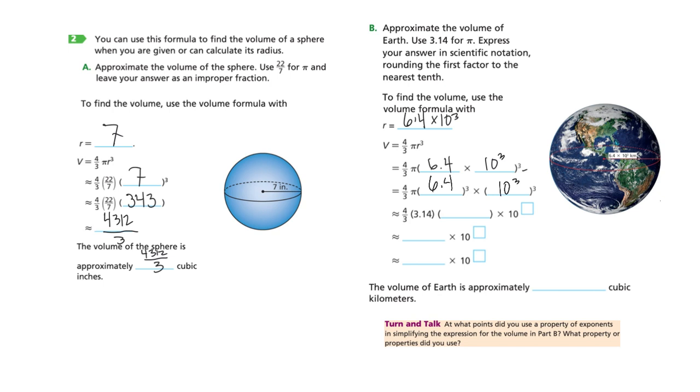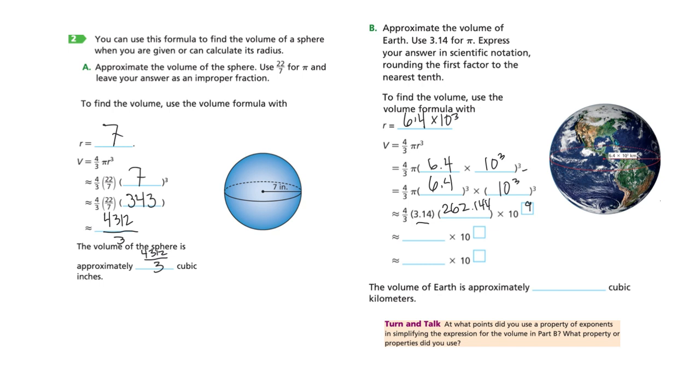4/3 times 3.14, they wanted us to use that for pi, times 262.144 times 10 to the ninth. Remember, we're raising a power to a power, so we multiply those two exponents.